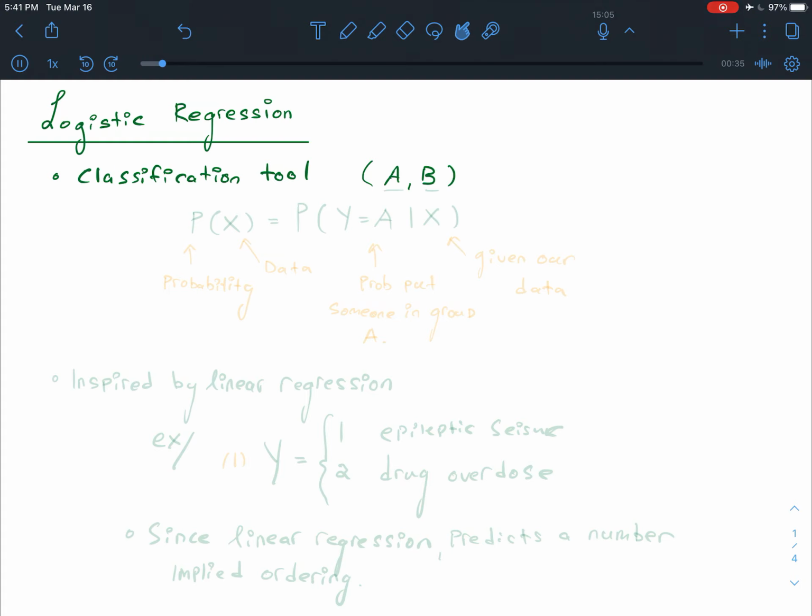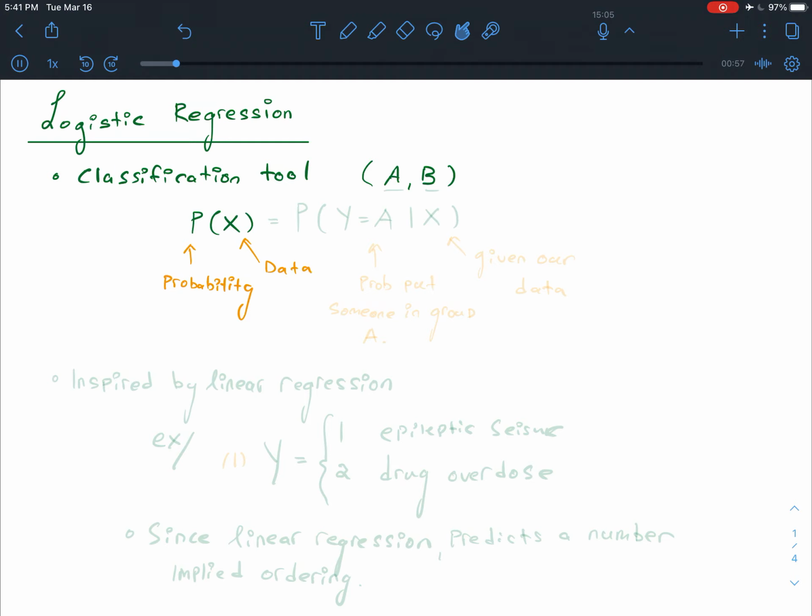Logistic regression is modeling the following quantity. It's a probability that is a function of our data. Just to be clear, I'll write that out. This is a probability, and it's working on our data.